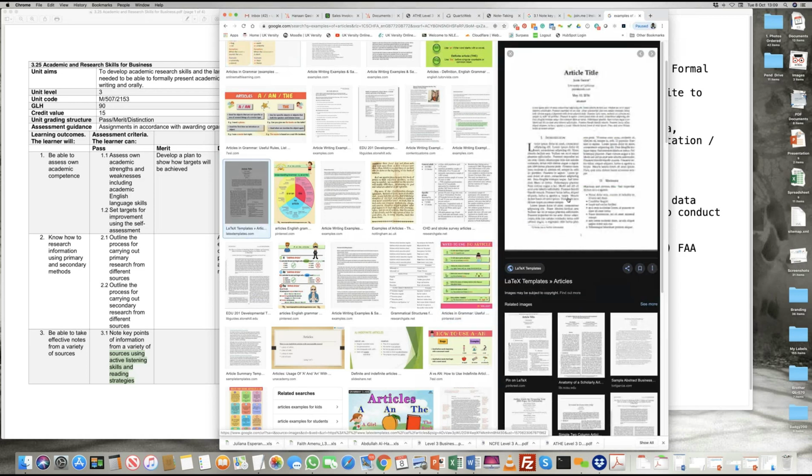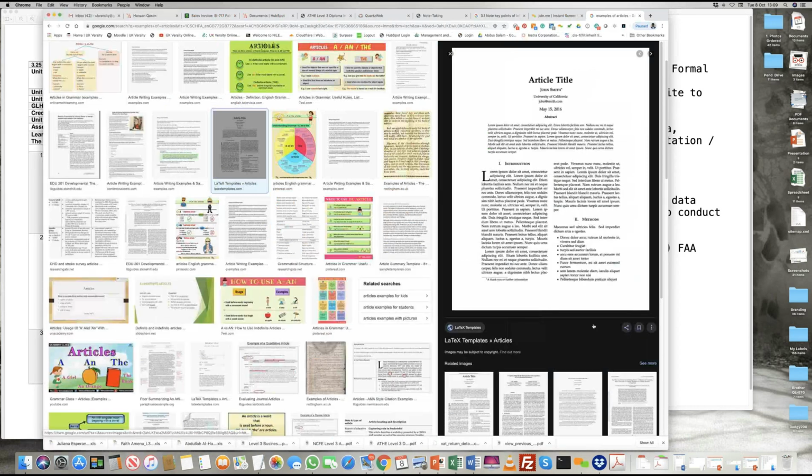This is an example of an article, as you can see. It has some basic presentation style. If you look at it carefully, you will see that it has some headings. There are some bold letters or capital letters.